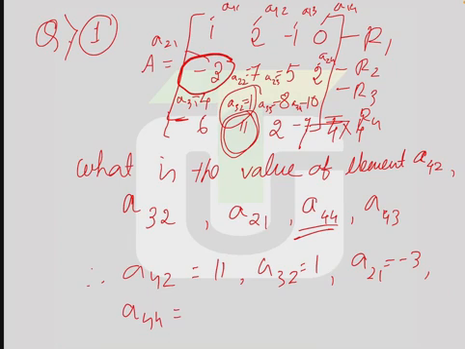So A44 is equal to minus 7, right? Next one is what? A43. A43 is row 4 but column 3, that is equal to 2. Okay, so you can find any element if you know the representation of the matrix, right?